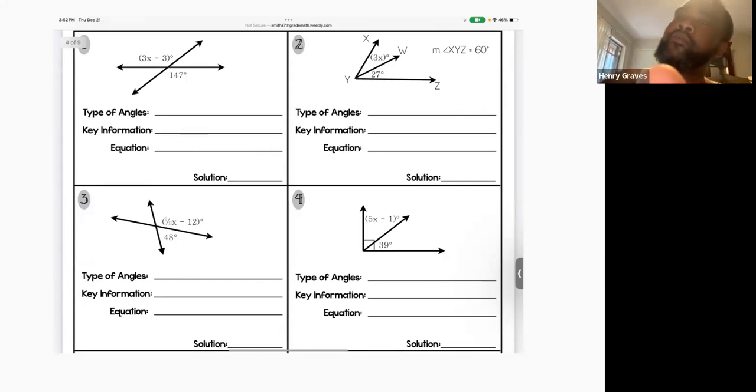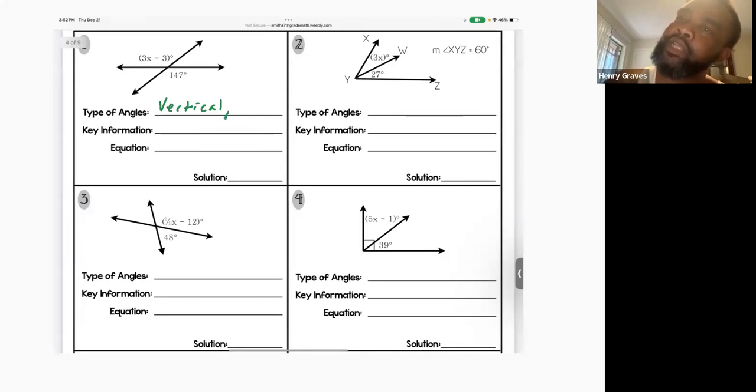on 3x and 147, these are vertical angles. I want to use a darker color than that. The vertical angles. And we know vertical angles are equal to one another. By the way, we know that since we have 147, it's going to be obtuse.